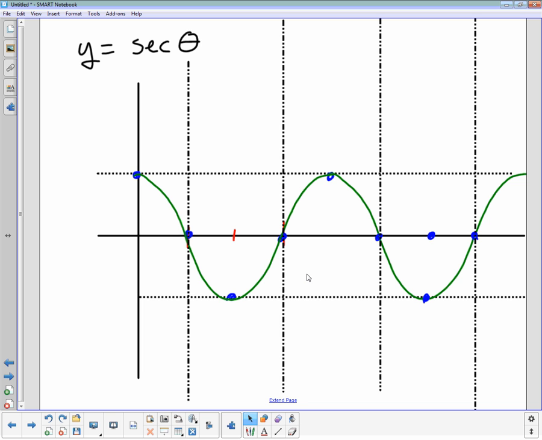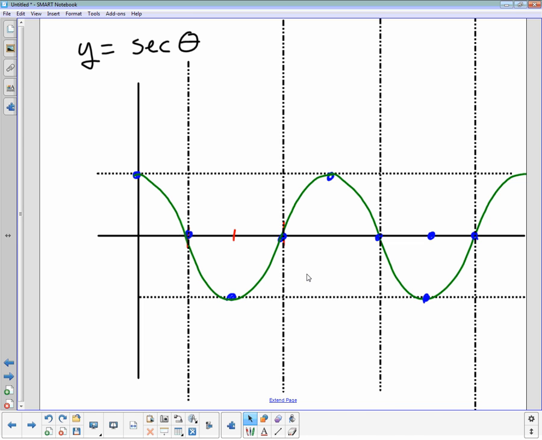They intersected at 1, at the maxima. When the reciprocal was itself, they intersected. So whenever somebody is at 1 or -1, their reciprocals will be 1 or -1. So secant and cosecant intersect sine and cosine when they both have a value of 1.